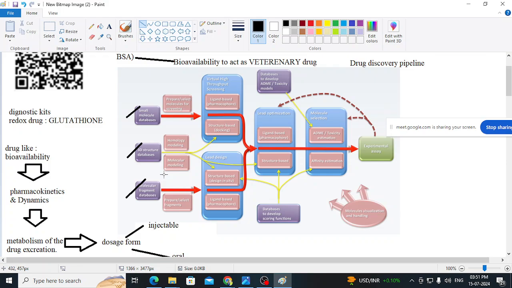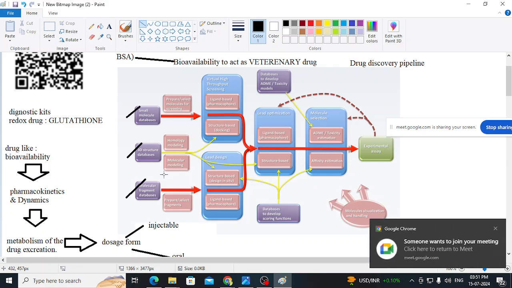So what exactly your work is, is to filter from a large database what kind of exact drug you want to design.